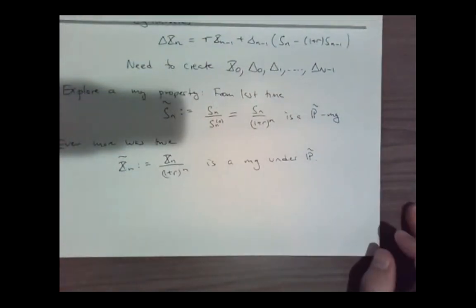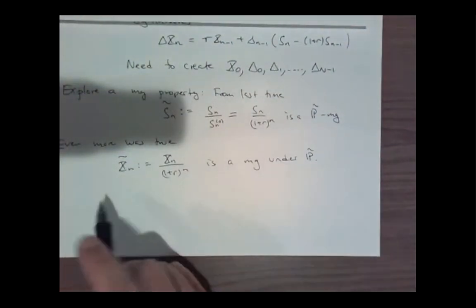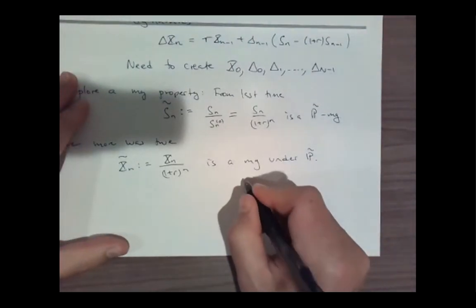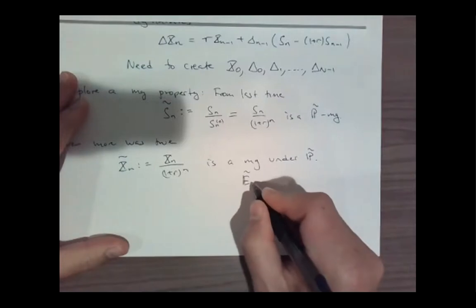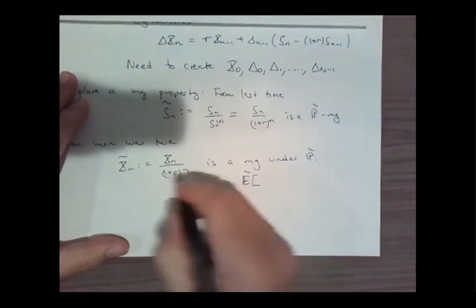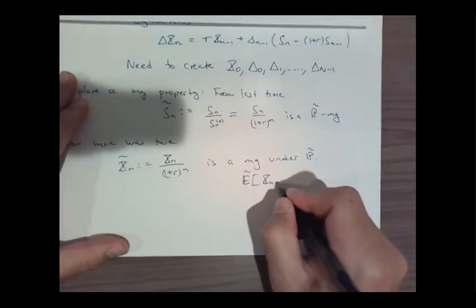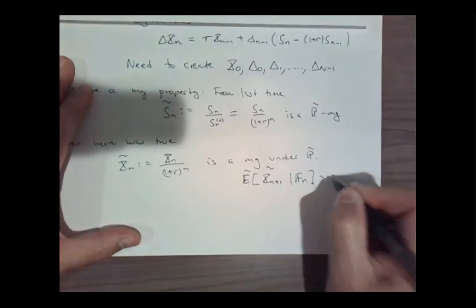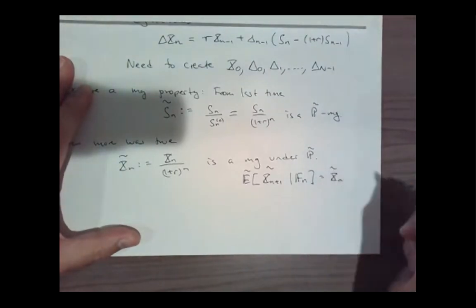And so how will we do it? Well, this is a martingale, so that means that if I look at the conditional expectation under the tilde measure, so we put a tilde on top of the E, we'll have xn plus 1 tilde given Fn. I'm going to get xn tilde.